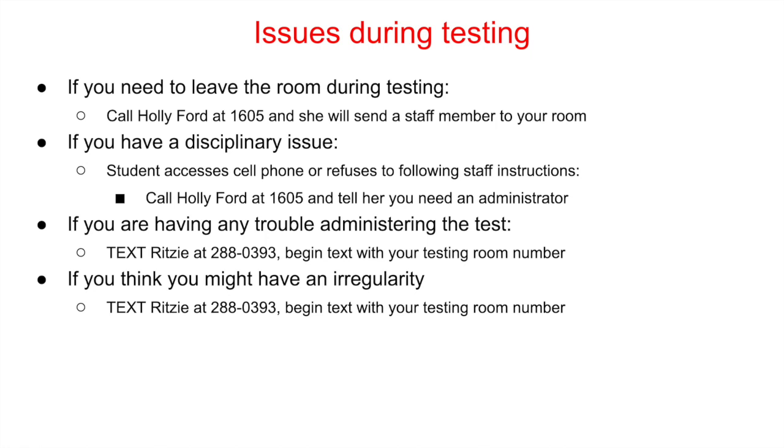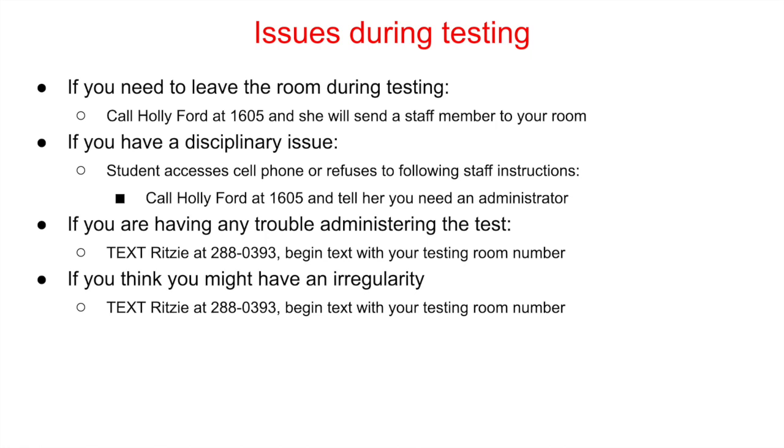So if you need to leave the room during testing, you can call Holly Ford at 1605 and she will send a staff member to your room. She'll send someone to your room to relieve you. If you have a disciplinary issue, for example, a student accesses a cell phone or refuses to follow instructions, you're going to call Holly Ford and you're going to tell her, I need an administrator.